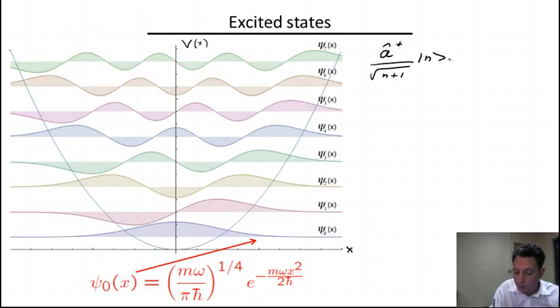If we apply it to our eigenstate n, we get a normalized state n plus 1, which corresponds to higher energy. And so we can apply this operator to our ground state as many times as we want.